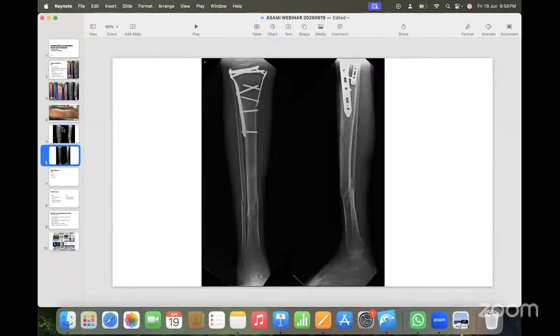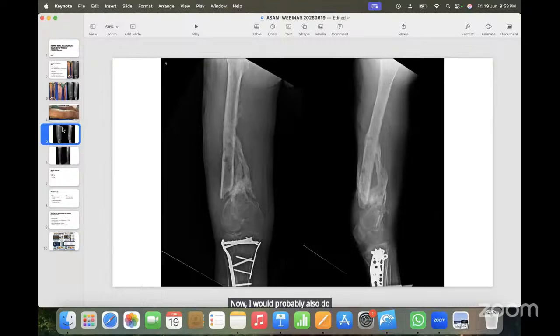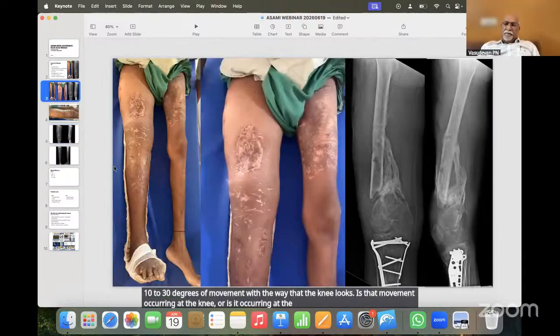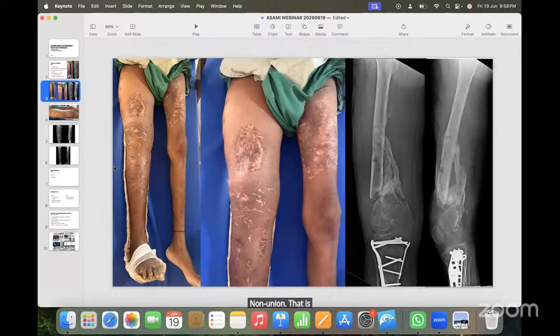Now, I would probably also do a CT to see what is the status of that callus. I very much doubt that this patient has 10 to 30 degrees of movement with the way the knee looks. Is that movement occurring at the knee or at the non-union? That is one question I would have. So I would do a CT to see how well it is healed to that proximal fragment.